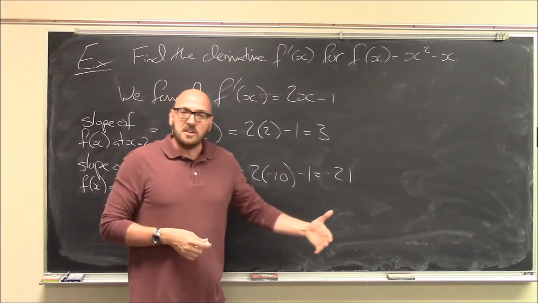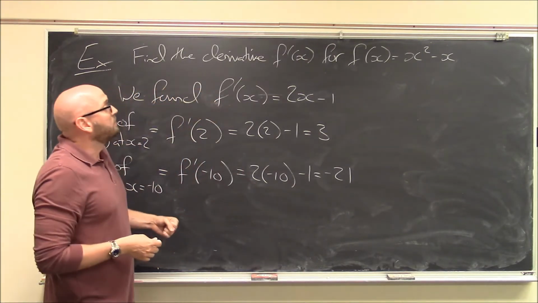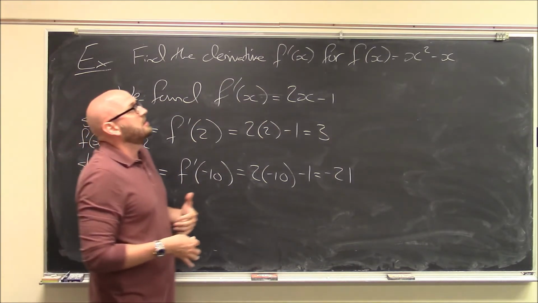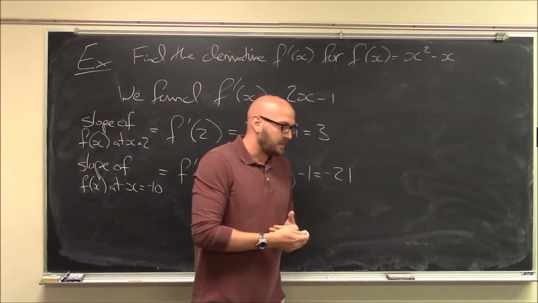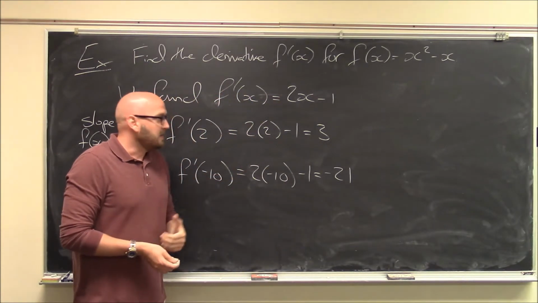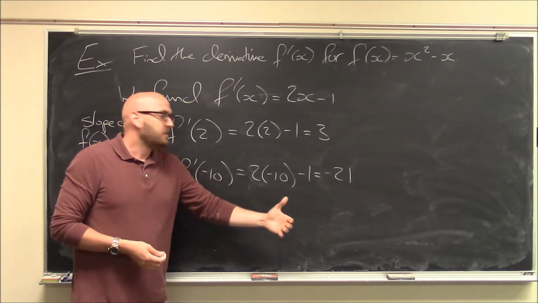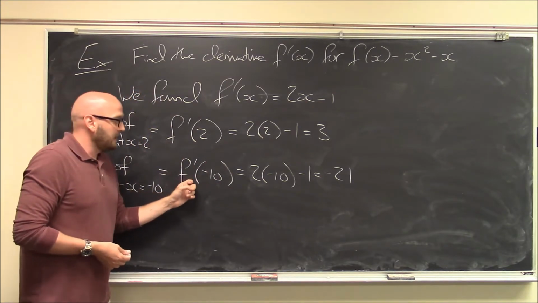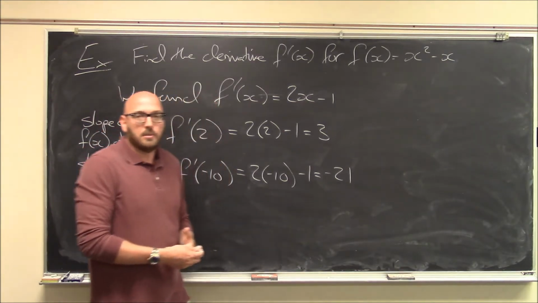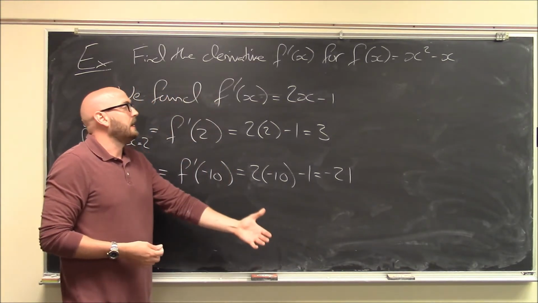What's the big advantage here? The big advantage here is back in the last section, 3.3, if someone said, find the instantaneous rate of change of a function at, I'd say 2, you would go ahead and evaluate the limit with a equals 2, right? And then they say, okay, now find it at minus 10, you'd evaluate the limit at minus 10. Then they give you another number, you'd evaluate that limit at that new value.